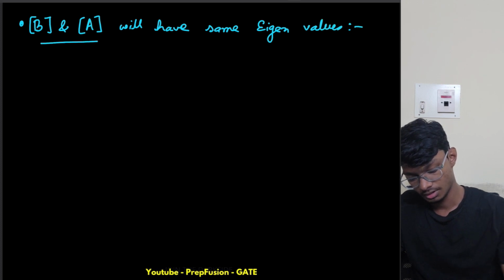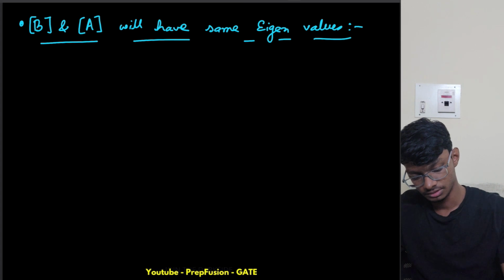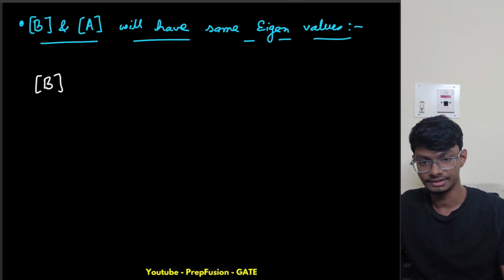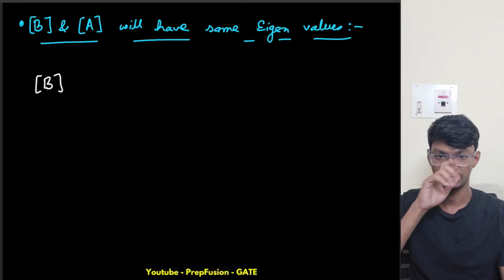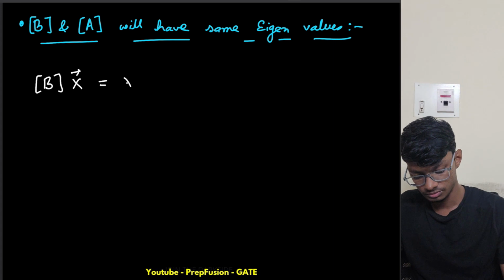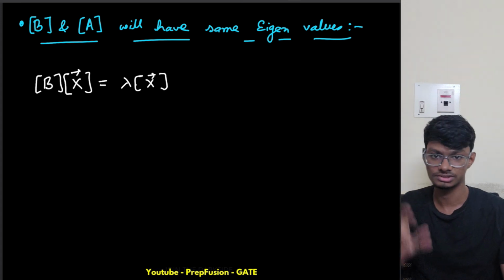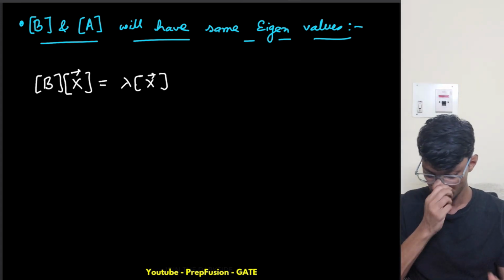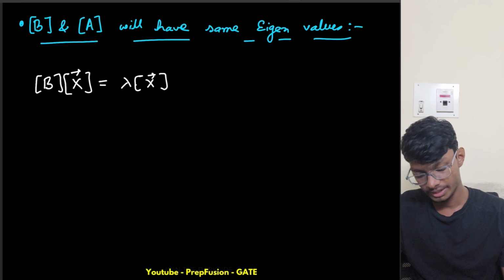How is it possible? Let's say B has some eigenvector x, which gives B x equals lambda times x vector. As this is an eigenvector, it will just scale in that direction. This is by the eigenvector definition.